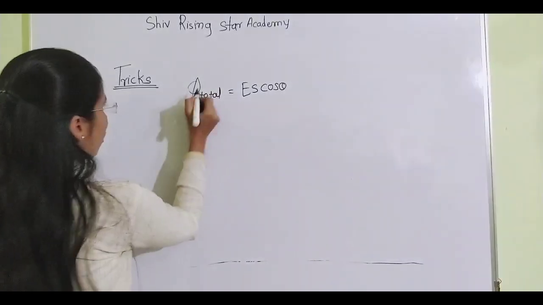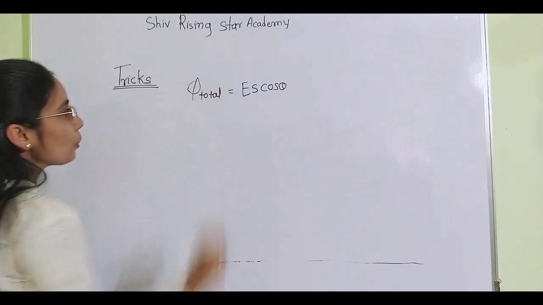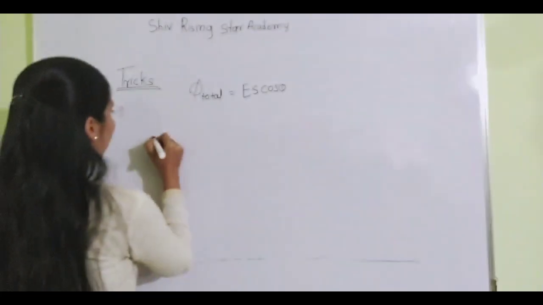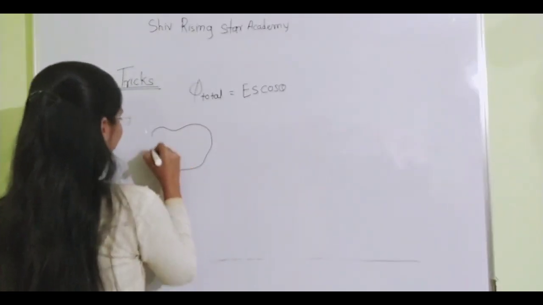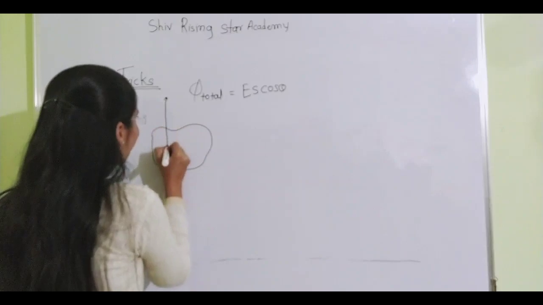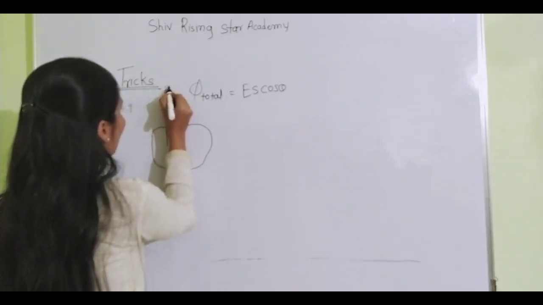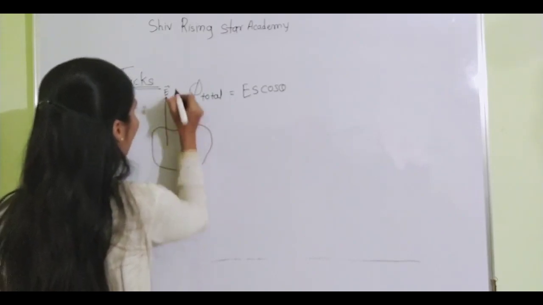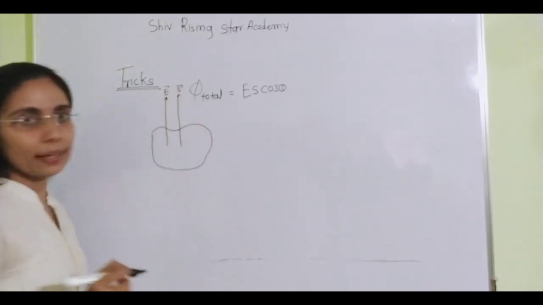There are some tricks of finding the electric flux. So we know that phi total is equal to Es cos theta. Suppose consider any surface, and the direction of electric field E bar and the direction of the area vector S bar both are in the same direction.